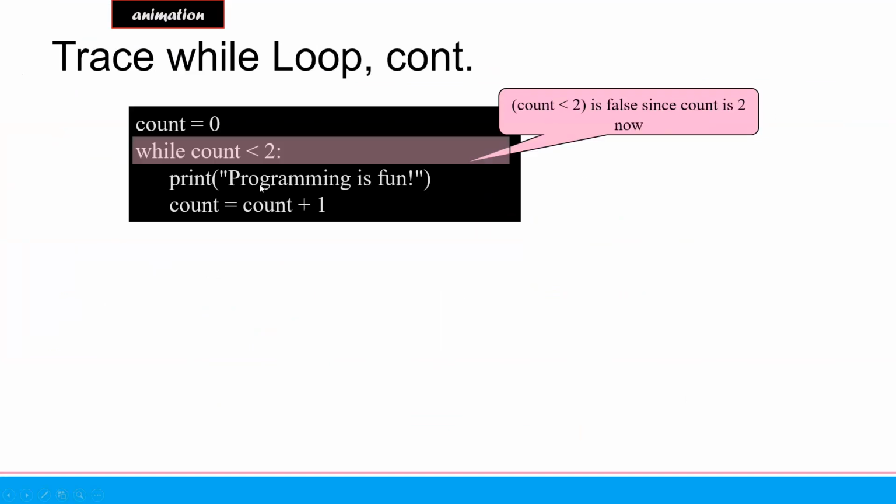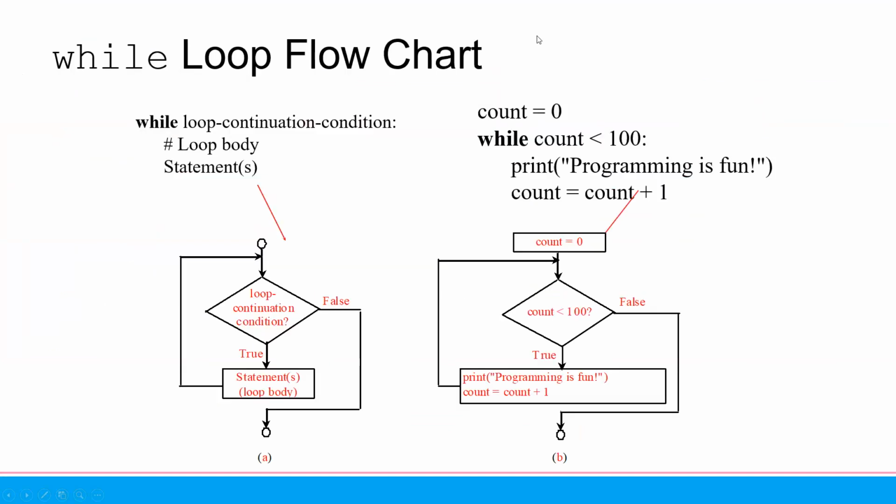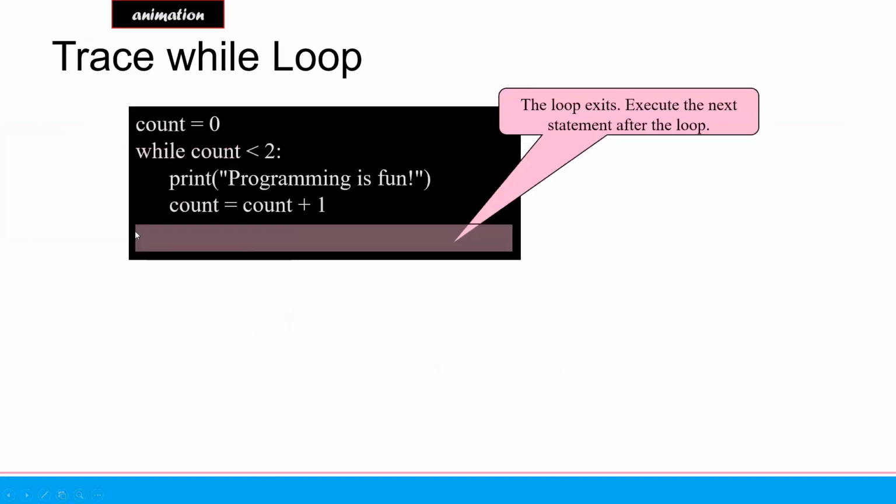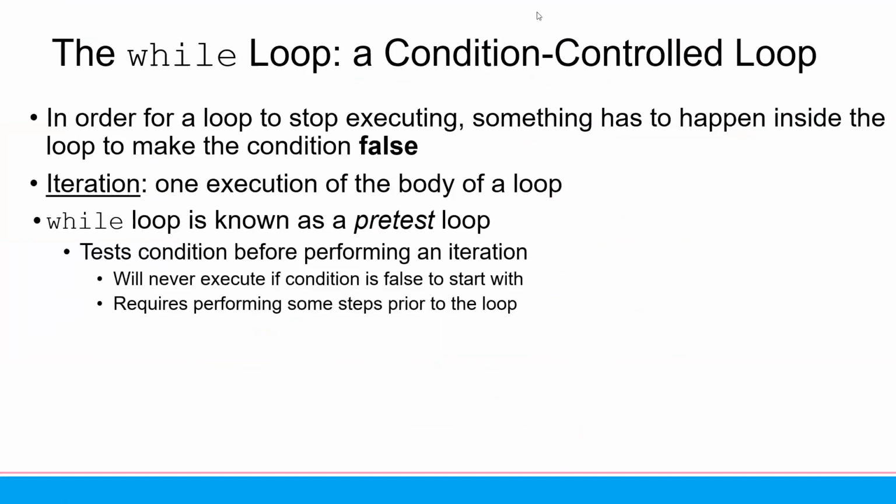If there is no false, then we cannot stop. An iteration means one execution of the body of a loop.